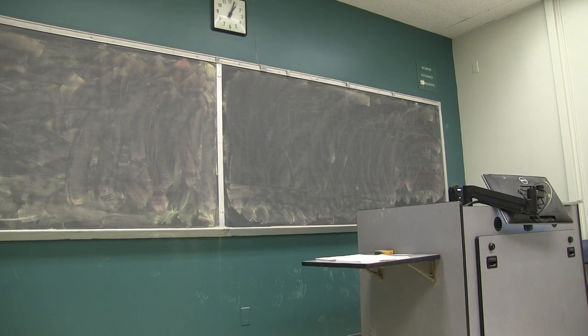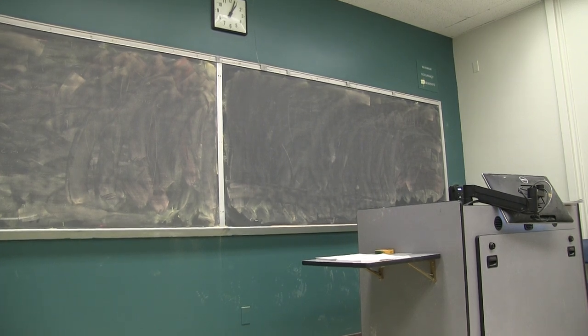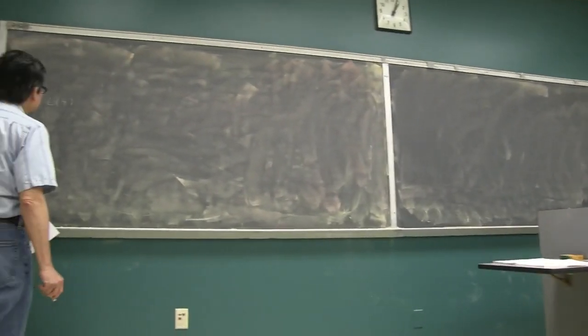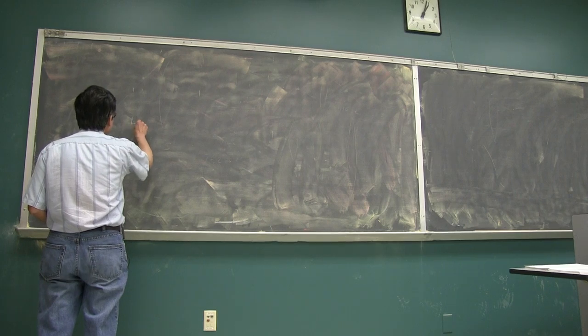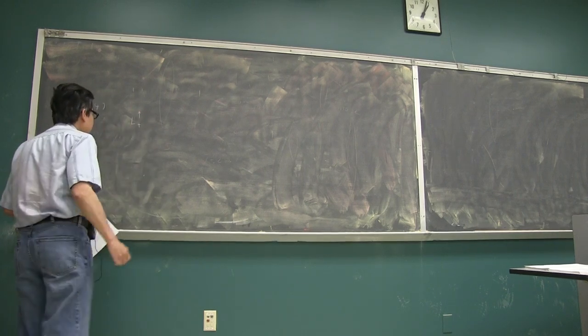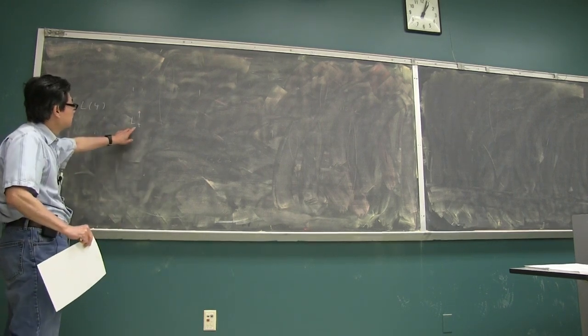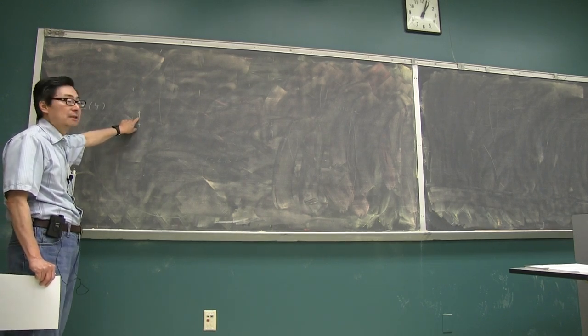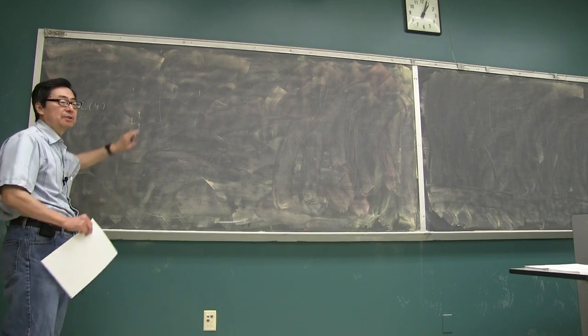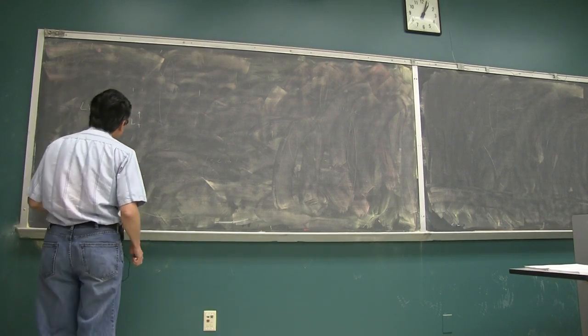And thus, the Lorentz group L4 can be separated into 4 parts. First is called the proper orthochronous. This means that the determinant is +1, and the lambda 0, 0 is larger than or equal to +1.